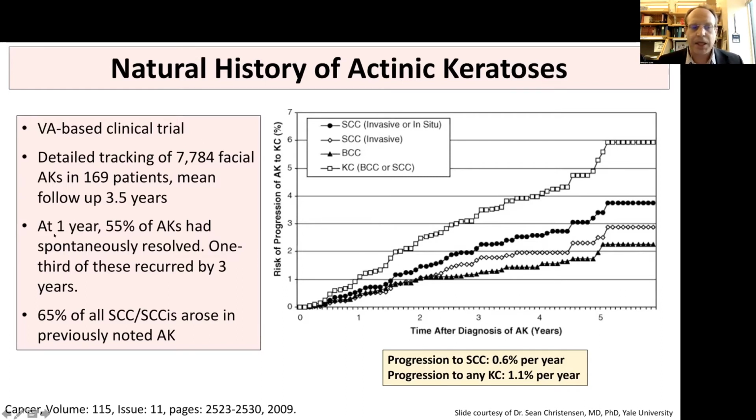They found in the study at year 1 that about 55% of the actinic keratoses had spontaneously resolved, but a third of those, importantly, recurred by year 3. The key meaning of that is that it's not okay to just simply tell patients, oh, they're going to resolve on their own. The majority, 55%, might resolve on their own.